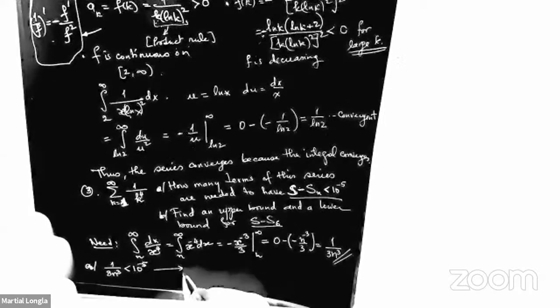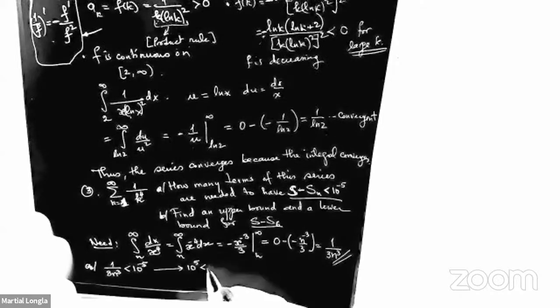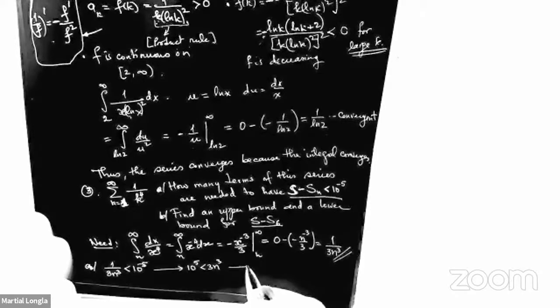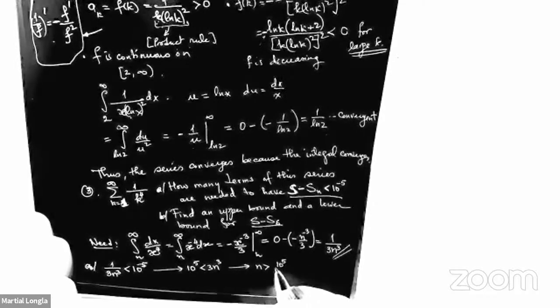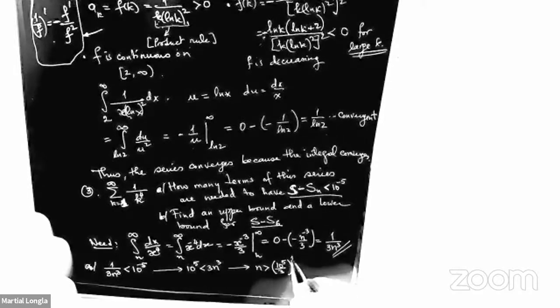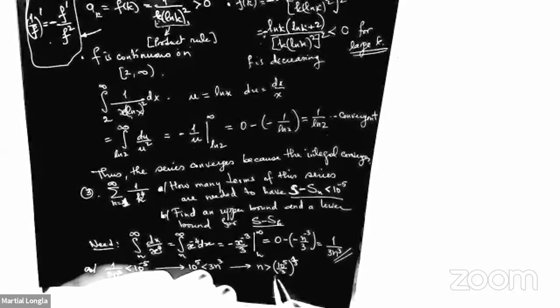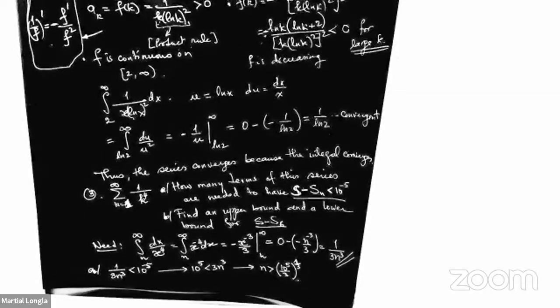When you solve this, you get 10 to the 5th is less than 3n cubed. So you get n is larger than 10 to the 5th over 3, raised to the power 1/3. So n needs to be at least the integer part of this plus 1.